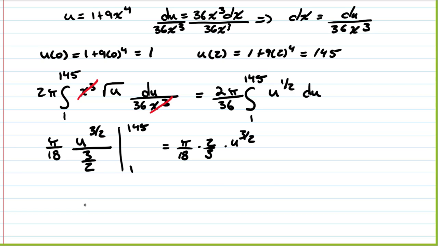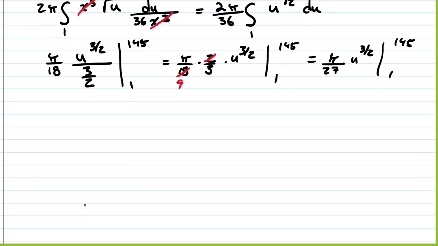Once again, a few things reduce out, and I'm going to simplify first before I do my f of b minus f of a. The 2 goes into 18, leaving 9 behind, and we end up with pi over 27 u to the 3/2, evaluated from 1 to 145.